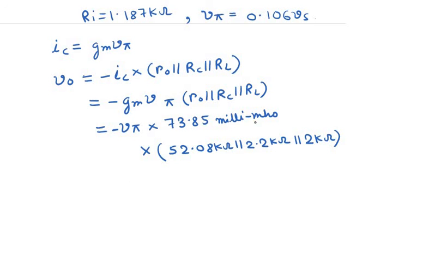When you multiply millimho by kilo ohms, you get a dimensionless quantity.